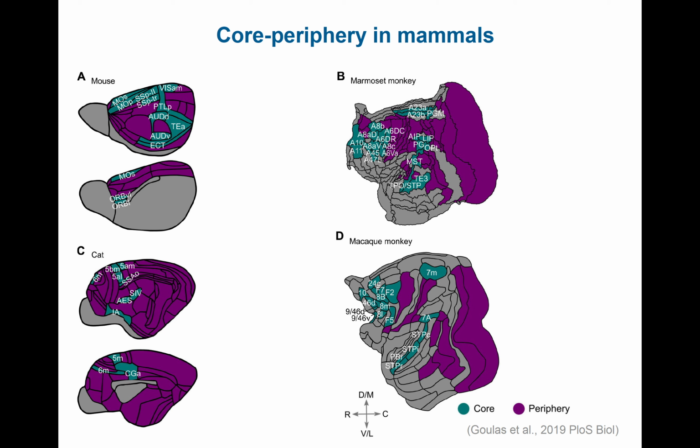That is, the goal is to uncover the core-periphery structure in these different mammalian species. And we did so, and the core is denoted here with this color and the periphery with this color. And once we have mapped these topological features in different species, the goal now is to relate them to the cytological composition of the areas.